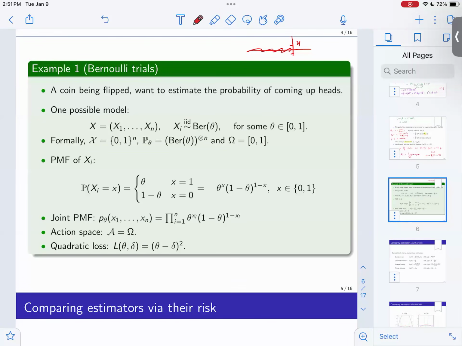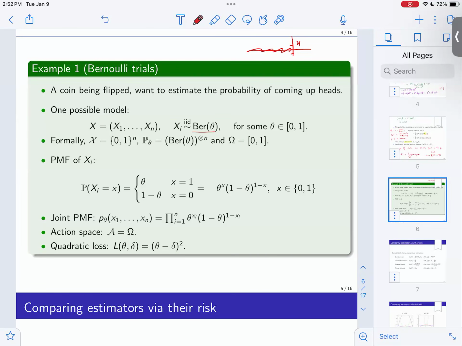I flip it n times, and each time I record the outcome as either 0 or 1, heads or tails. So I get a sequence of binary variables, and I can put them in a vector so that x would be this vector of binary variables. I'm going to assume implicitly that the coin flips are independent, so these are IID draws from a Bernoulli distribution.